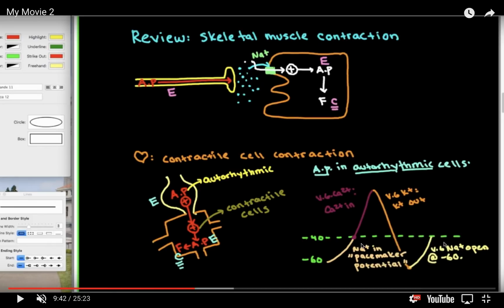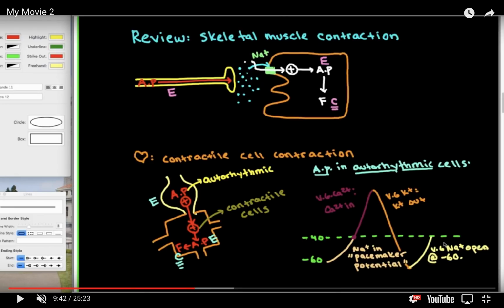For example, this voltage-gated calcium channel, we had to make the cell more positive to get it to open. These voltage-gated potassium channels opened when we got really positive. But these autorhythmic cells have this very unique voltage-gated sodium channel that responds to the cell getting much more negative.